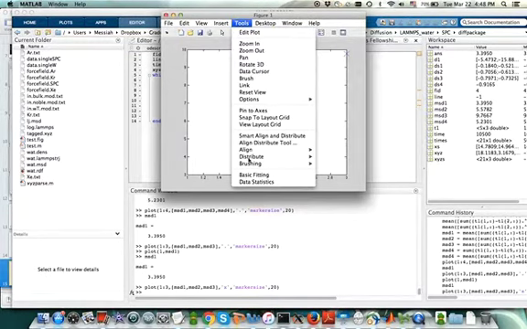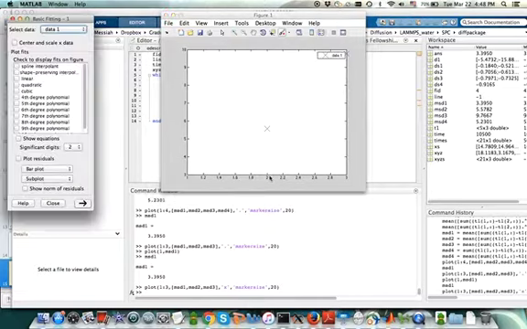Well, if I do that and then go to my basic fitting, fit a linear equation, I'm not sure why it's not actually showing up, but maybe it's just hiding down at the bottom here or something.